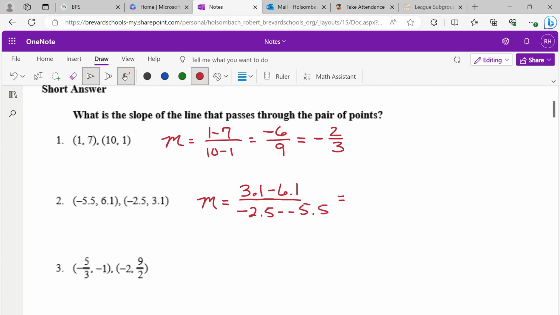So 3.1 minus 6.1, negative 3. And negative 2.5 minus negative 5.5 is equal to positive 3. So negative 3 divided by positive 3 is negative 1.